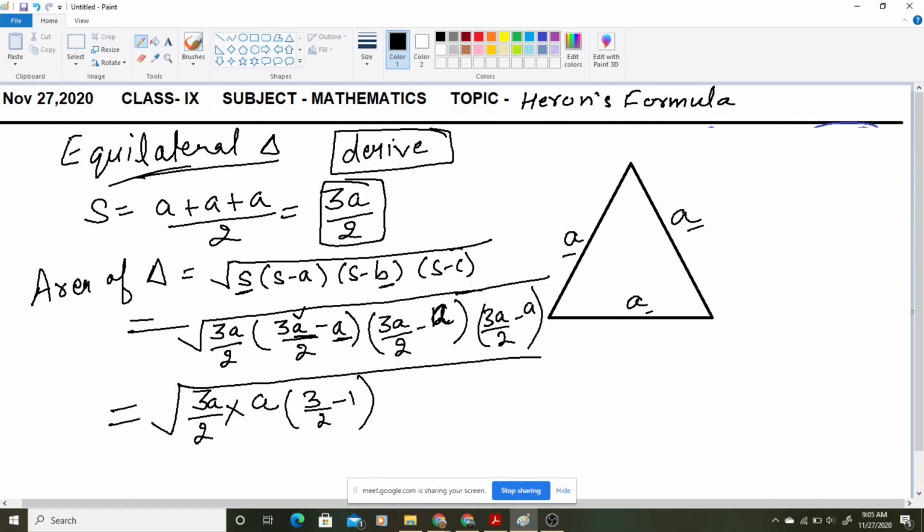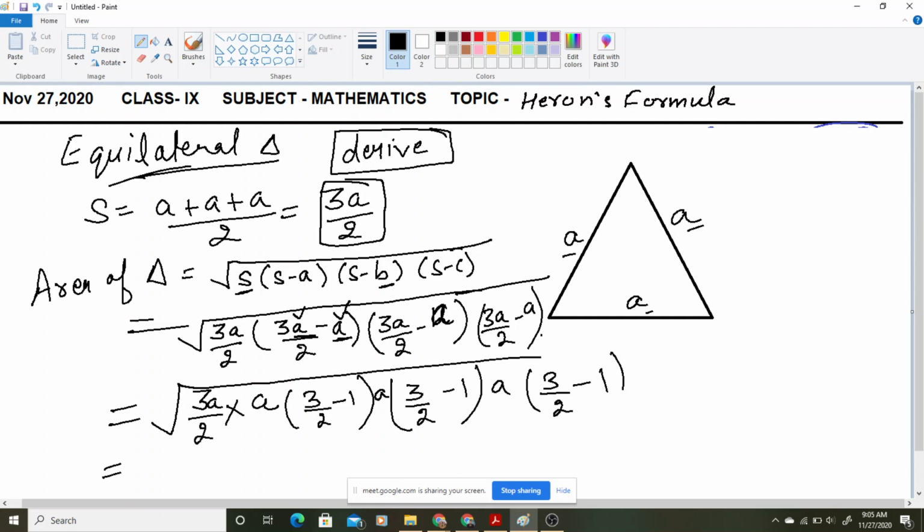See, I have taken this A common, then 3 by 2 minus 1. Then again from these two, can I take A common? Again can I write 3 by 2 minus 1? Then again with the third one, can I take this A common, then 3 by 2 minus 1? Are you getting?